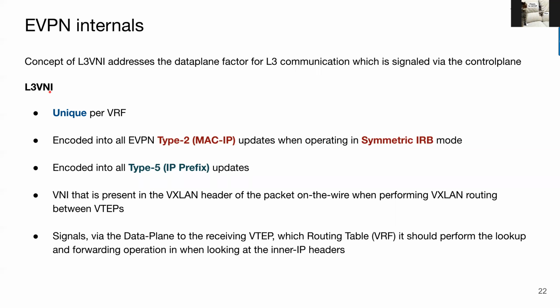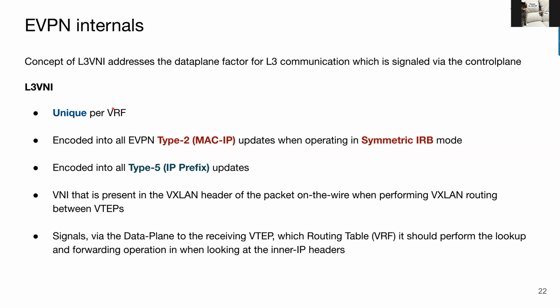The layer 3 VNI will also be mapped, but instead of mapping a VLAN to a VNI, now we're going to be mapping a VRF to a VNI. This is our data plane, and the IP VRF will be our control plane.